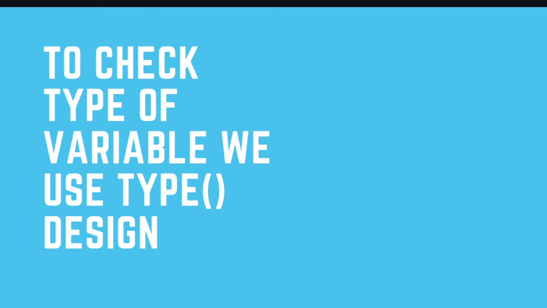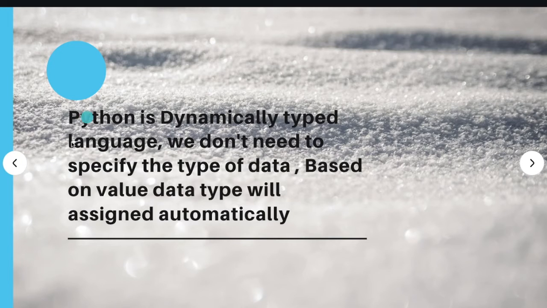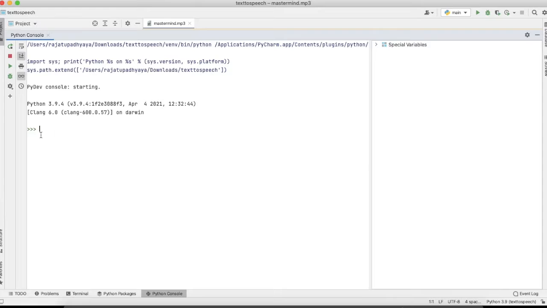So the type function is basically used for checking the data type of any variable. Let me give you the example, then I will explain this line that we don't need to specify the type of data. Here suppose I am taking one variable a and giving the value 1. If we print the type of this variable, you will see it shows the integer type.